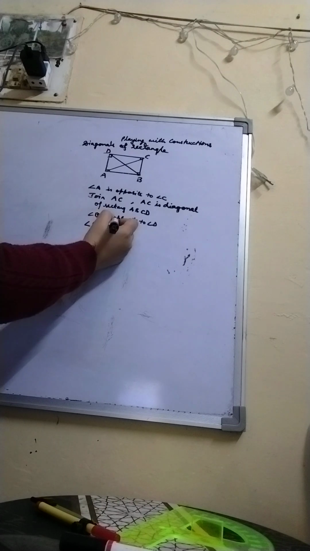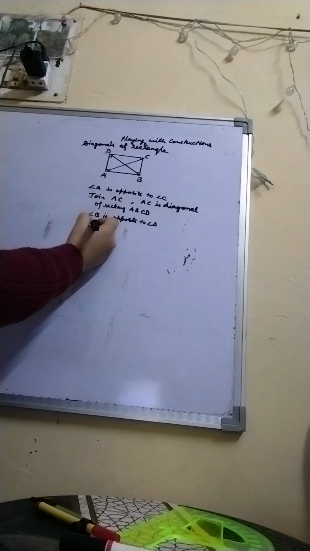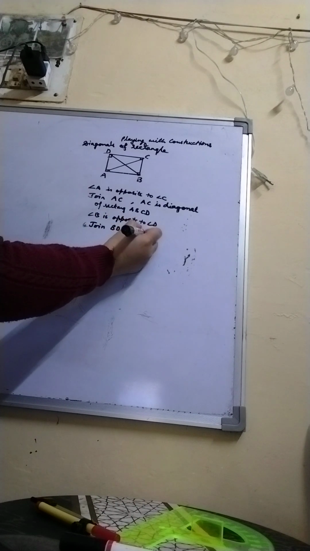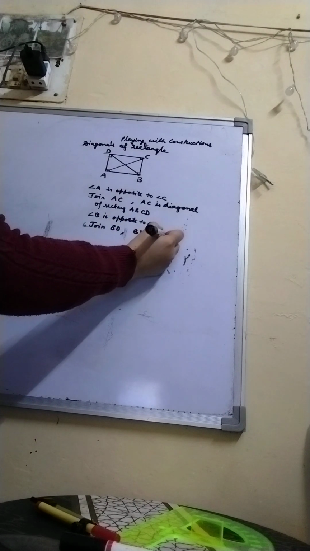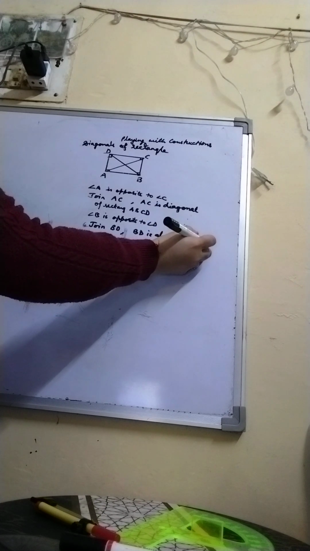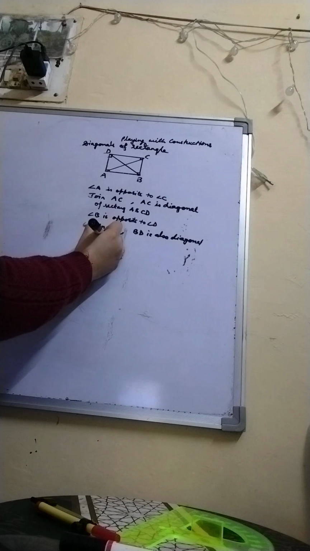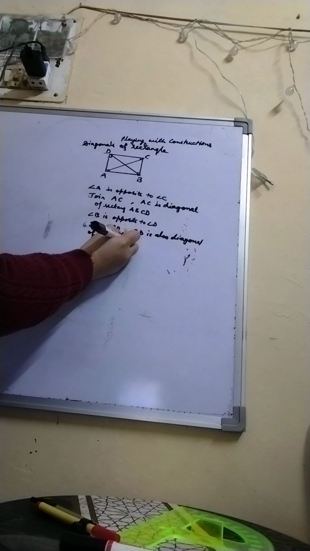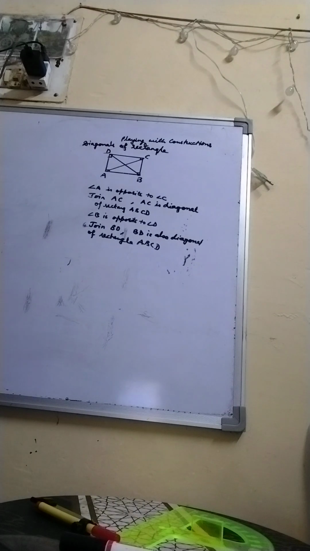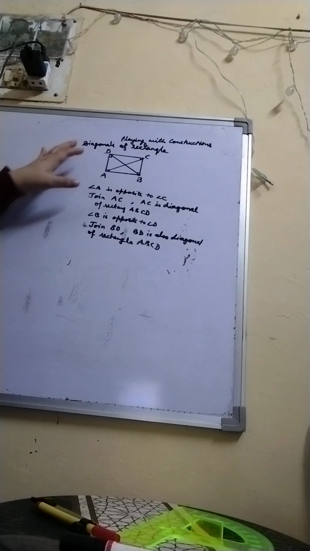Angle B is opposite to angle D. Join BD, then you would say that BD is also a diagonal of rectangle ABCD. So how many diagonals do you get? Can you find any other diagonal?